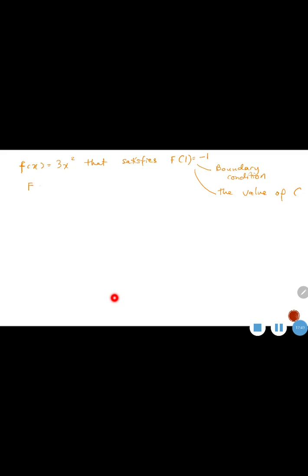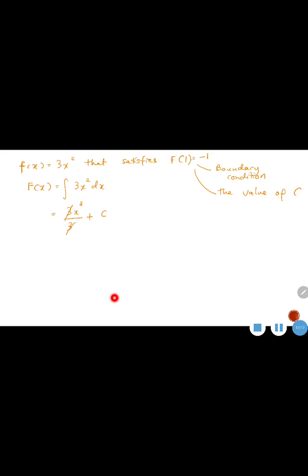Okay, so now given is small letter f(x) equal to 3x squared. To find capital letter F(x), you have to integrate it. So integrate this, you will get x to the power of 3 plus c. So you have x cubed plus c.